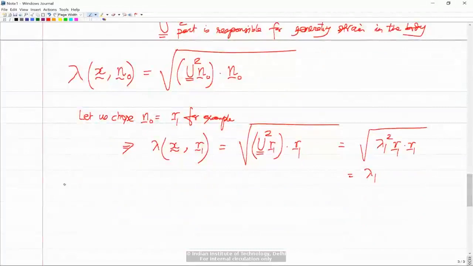So that means if I again draw our body, and here I am at a point x, and if I think of a cuboid, let me make this bigger.